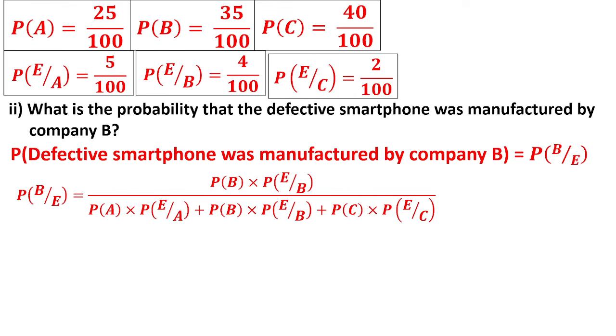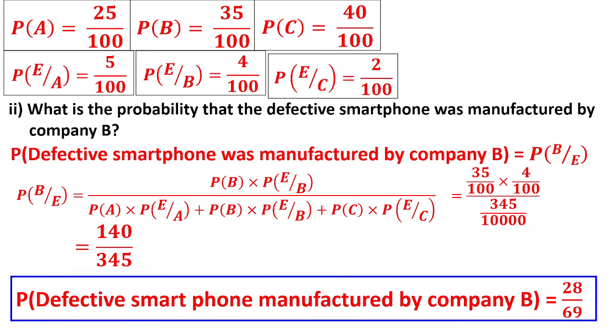If it is C/E, the third term will come to the numerator. That's all. Now all the numbers are with you. I think the denominator you have already found in the previous one. Directly put it over there. Therefore, the final answer is 28/69.